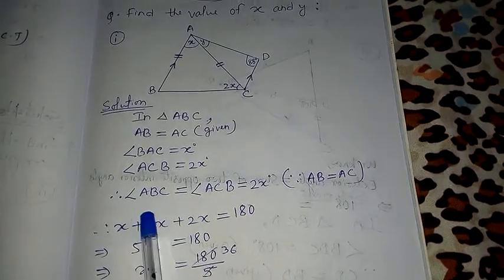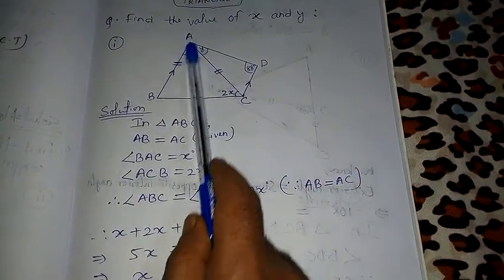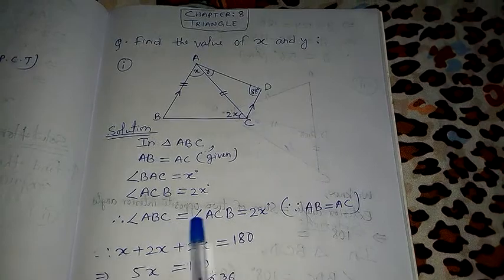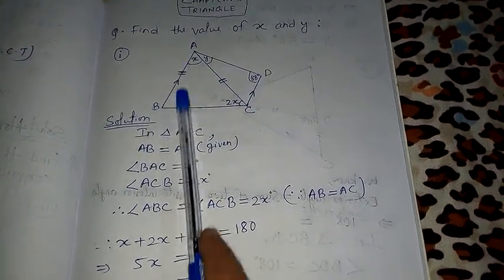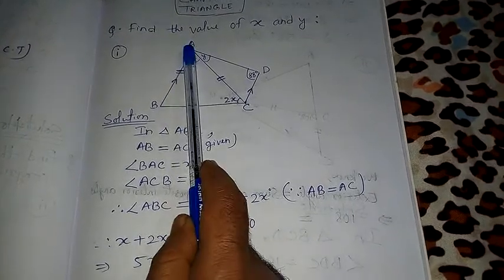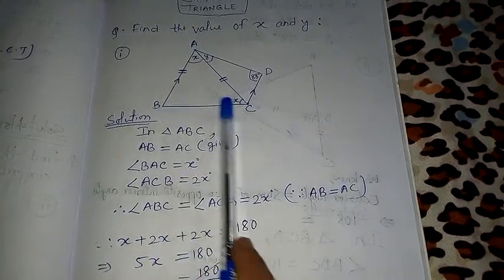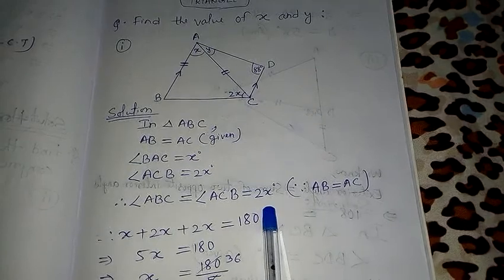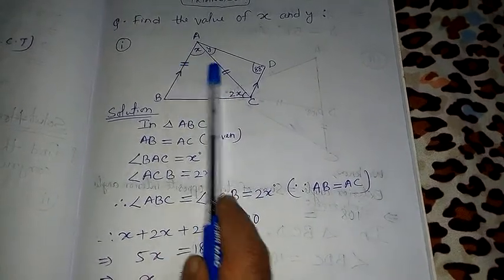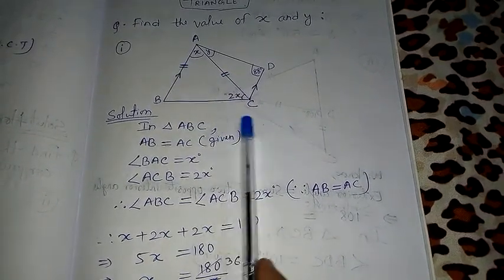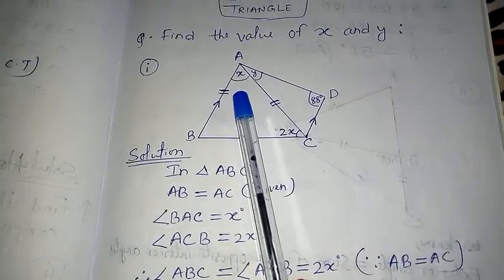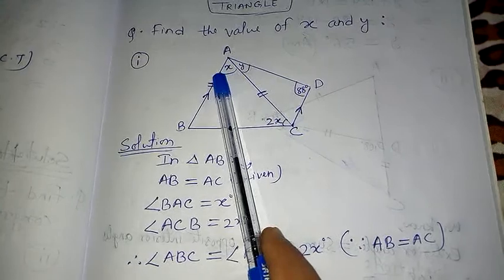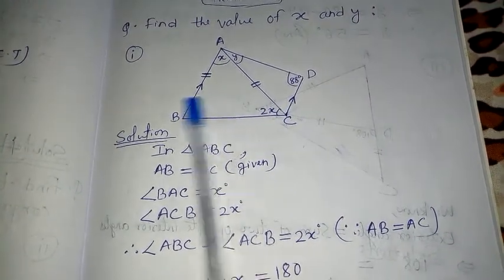Now I can say, therefore, angle ABC is equal to angle ACB. Angle ABC means angle B and angle ACB means angle C, and these two angles are equal. Why? Because when two sides are equal in a triangle, it is called an isosceles triangle, and in an isosceles triangle, if two sides are equal, then the angles at the base are also equal.